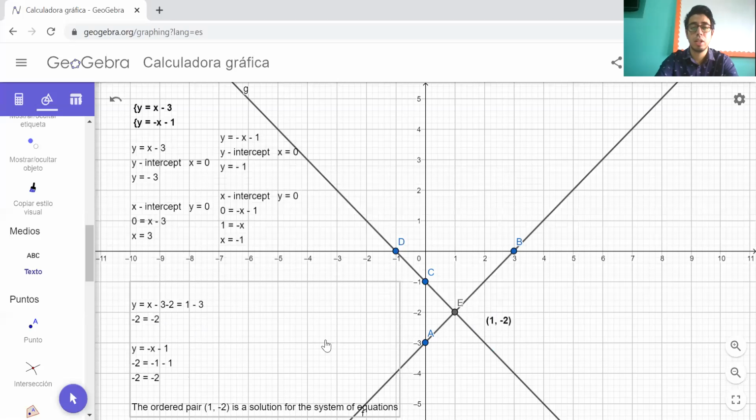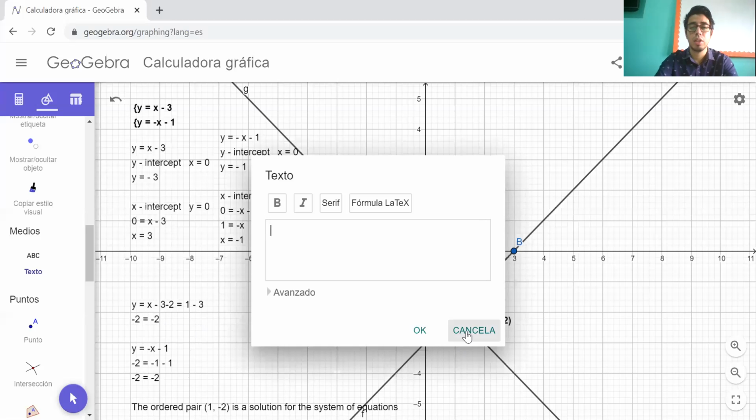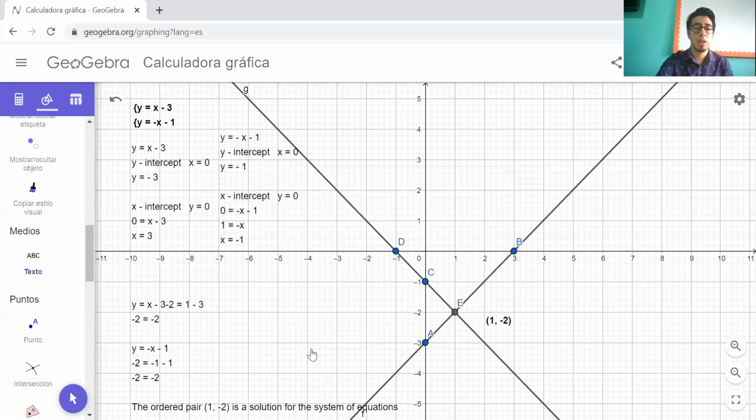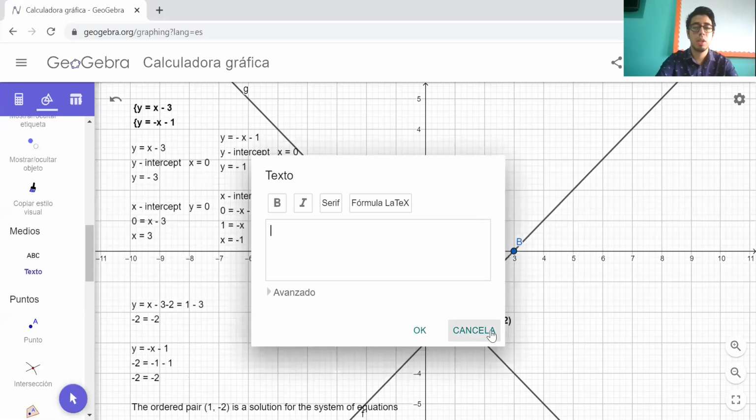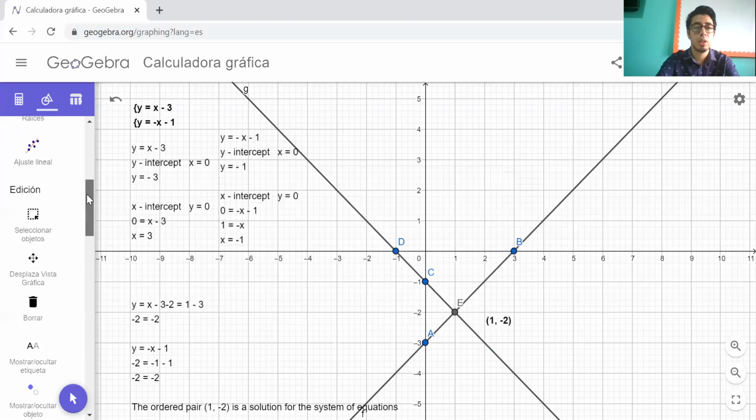Okay, this is what we have in here. The ordered pair, I don't know why this showed me both equations in the same.